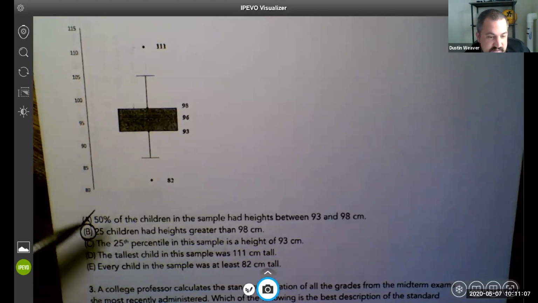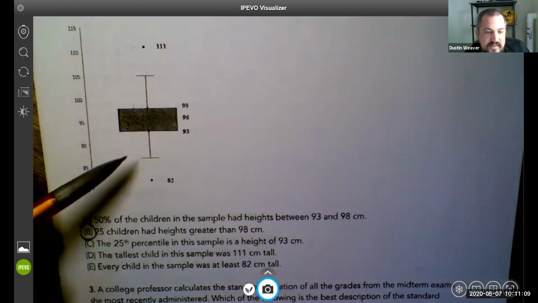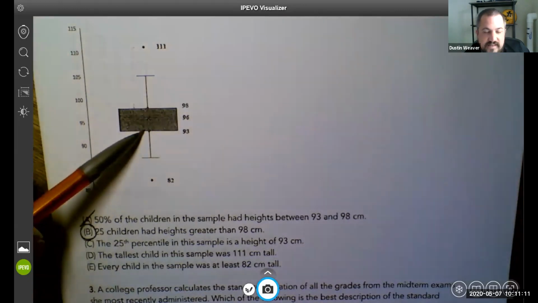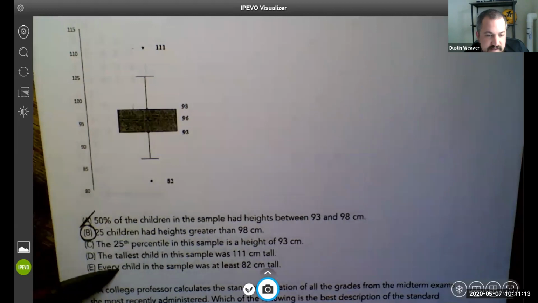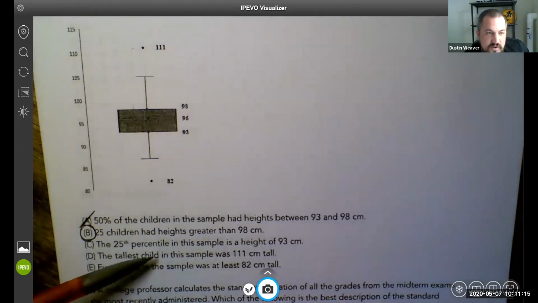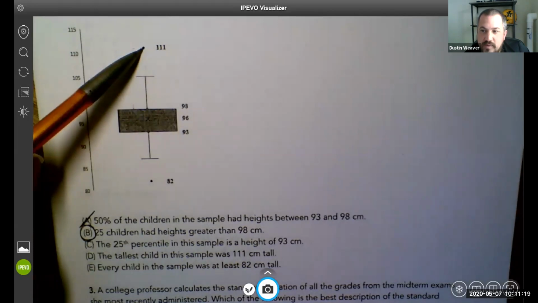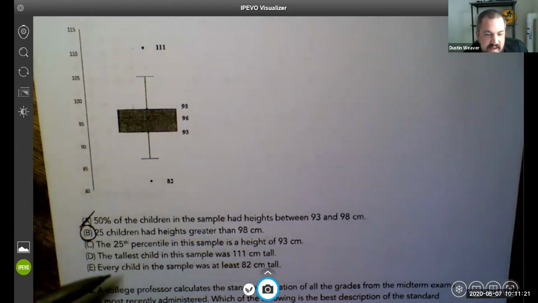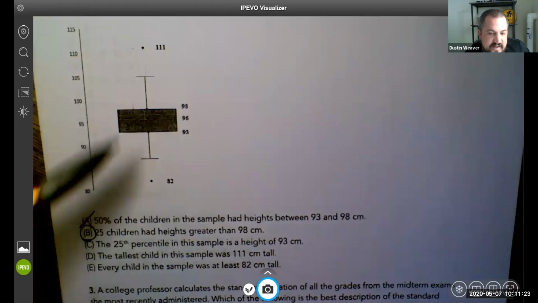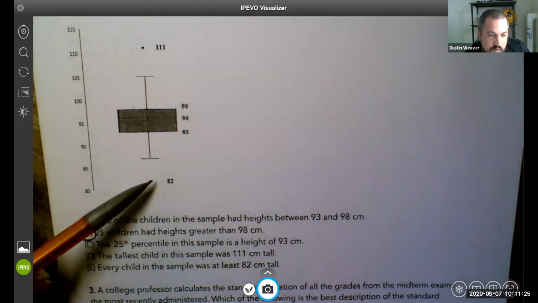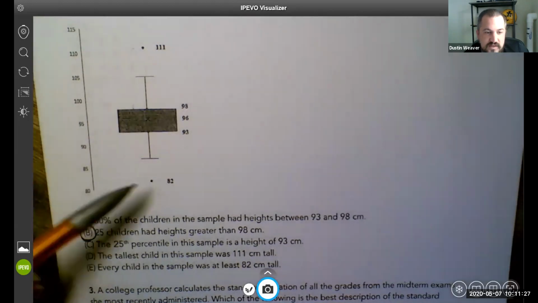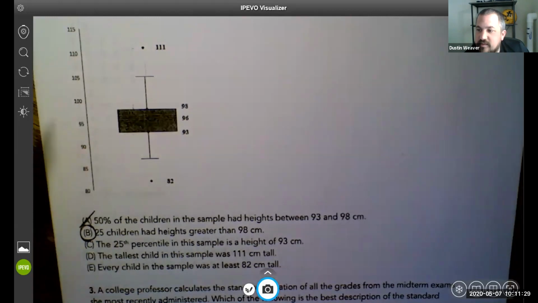If we go through the rest, C, the 25th percentile is a height of 93 centimeters. Yes, that's Q1. D, the tallest child in the sample was 111 centimeters tall. Yes, that's the outlier right up here at the top. And then E, every child in the sample was at least 82 centimeters tall. Yes, the lower outlier is 82, so that's the lowest person in this sample.